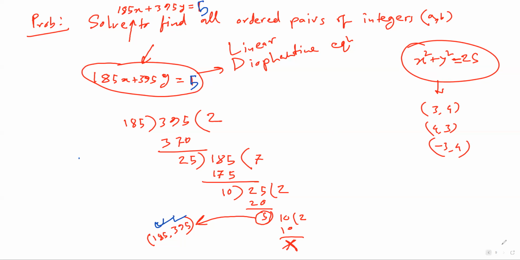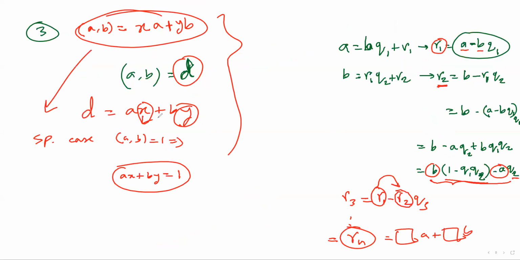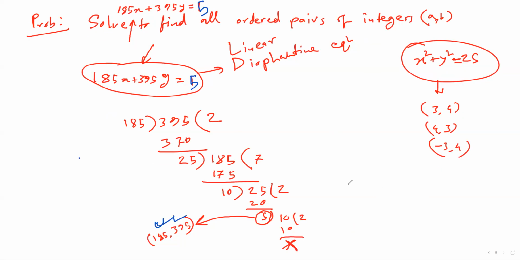So according to the theorem we just proved on our last page, we must be able to find two integers x and y so that 5 can be expressed as an integer linear combination of 185 and 395, because 5 is their GCD. But we just confirmed that there exist such x and y. Otherwise, we could just say that there is no solution, right?